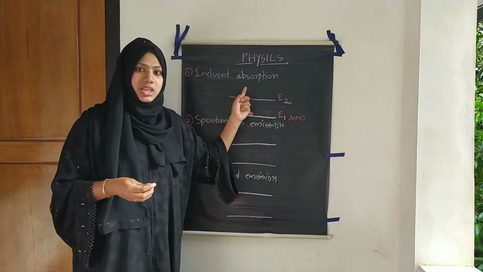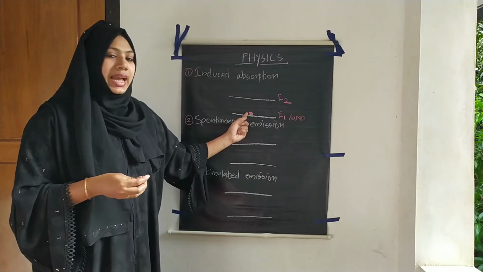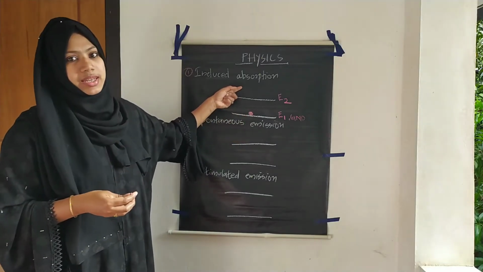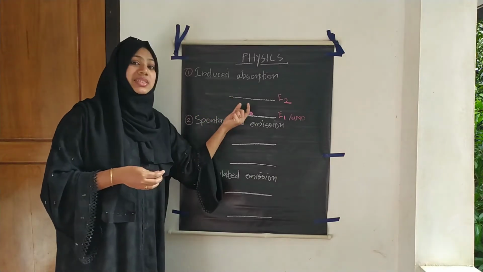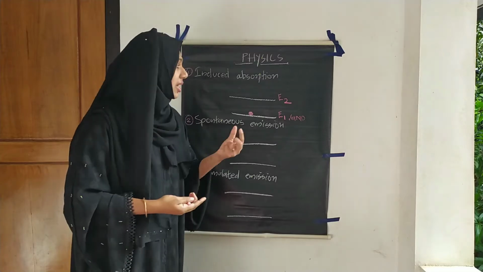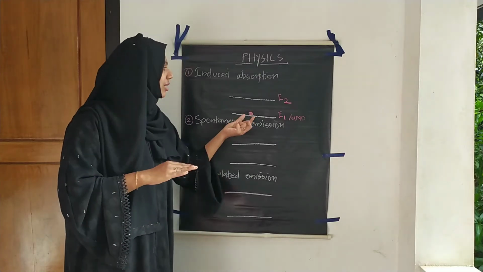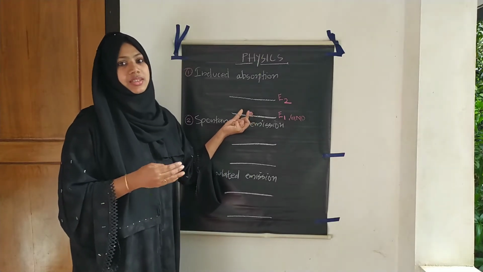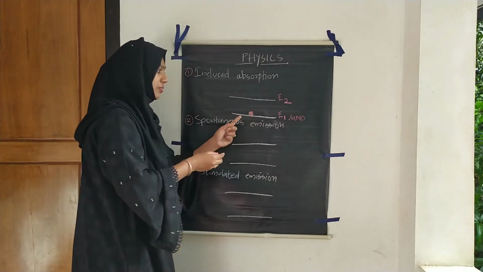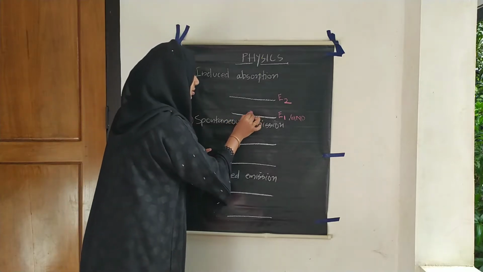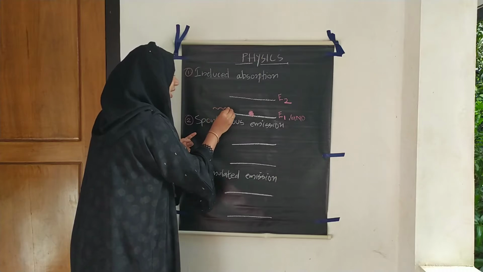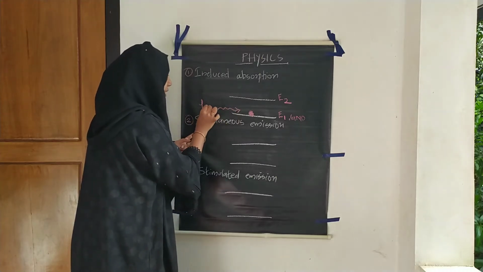Now, induced absorption means the atoms in the ground state can be excited to the higher energy state. That is, it doesn't simply go to the higher energy state, but we have to give some energy. It is staying in the ground level, the lower energy state, because of insufficient energy. Assume that this is an atom, and we are giving an energy of h nu.